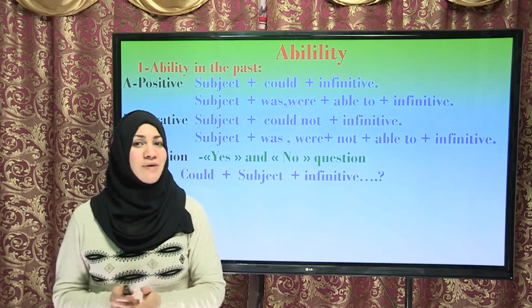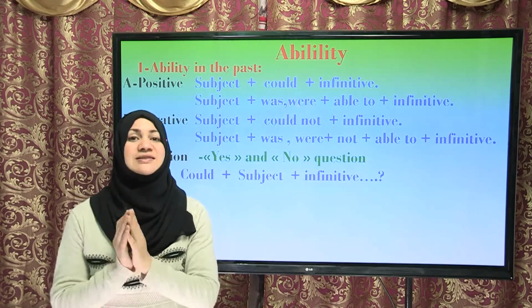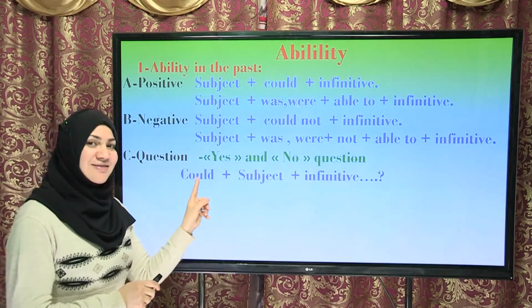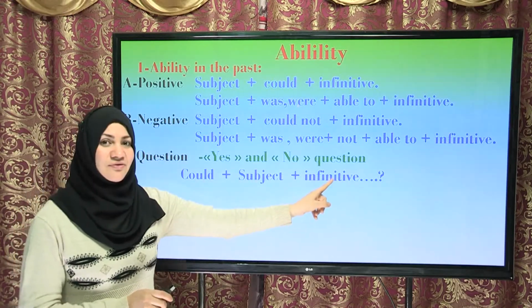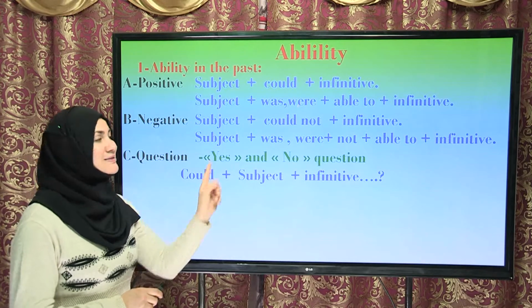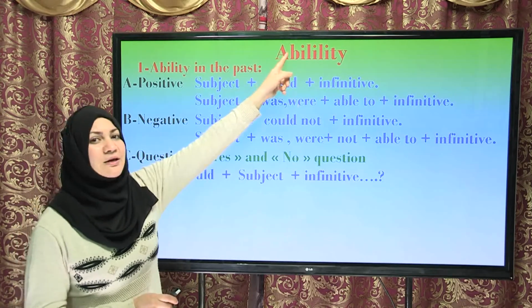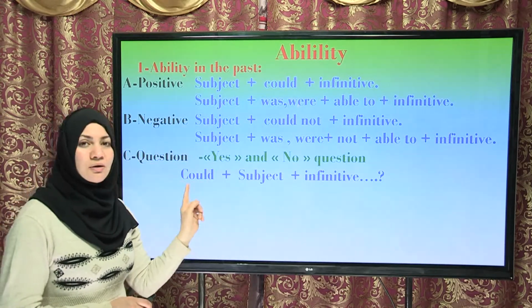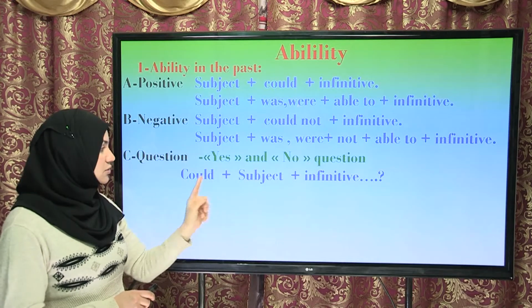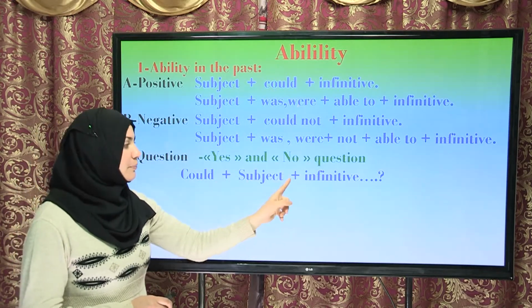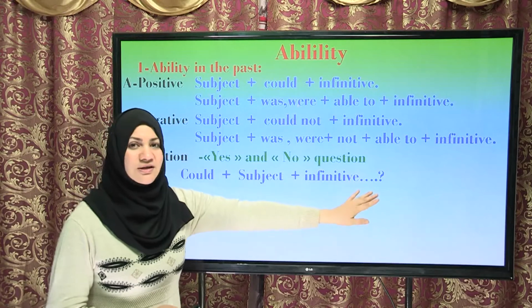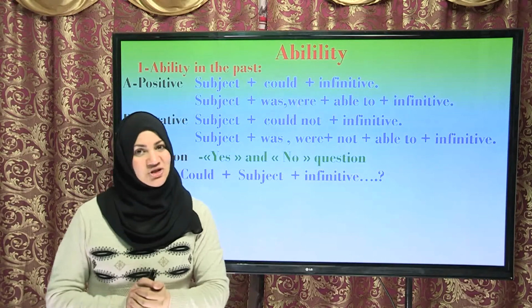Of course, if you remember, the form of present ability is can, subject, infinitive. But here we have past ability, so we use could. We always start with could: could plus subject plus infinitive, the rest of the sentence and question mark.